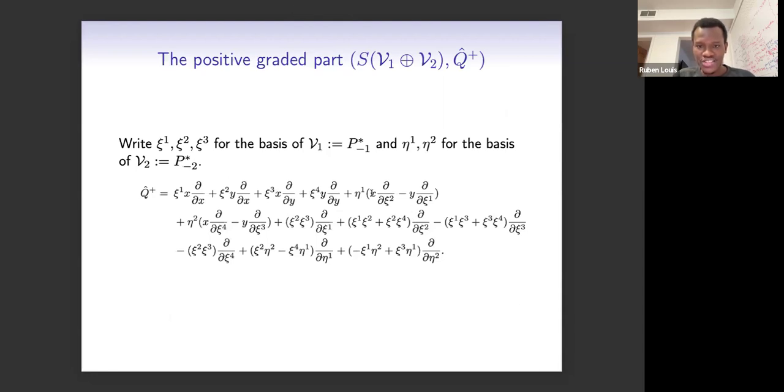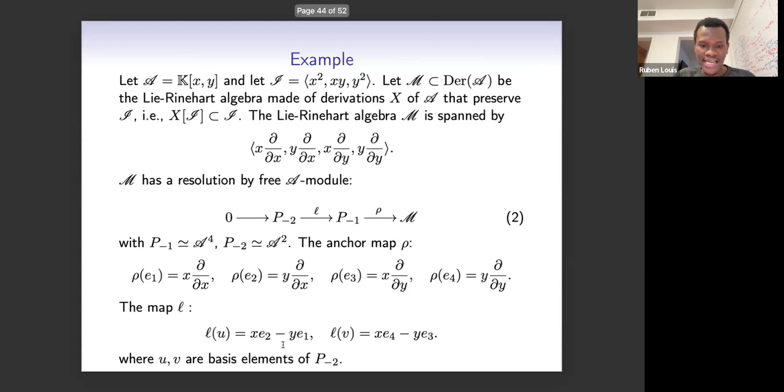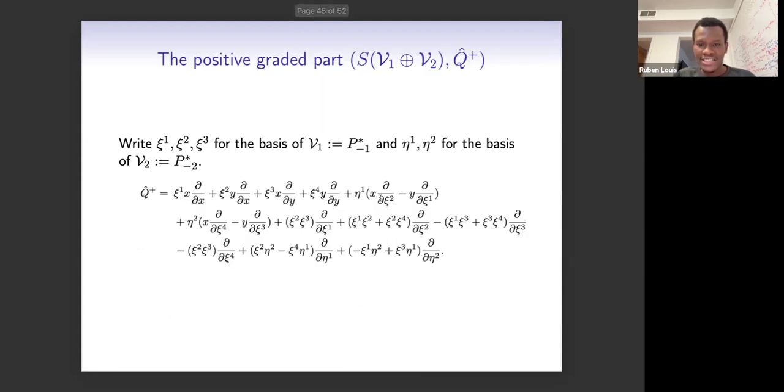If you dualize it, you see exactly the same coefficient appears here. You just need to change. See, before it was like X E2 negative Y E1. Here is X partial E2 negative Y partial E1. So it's the same coefficient here. And then you just take the dual basis of your previous basis, and you multiply it by this for degree reasons, because you need to have something of degree +1.